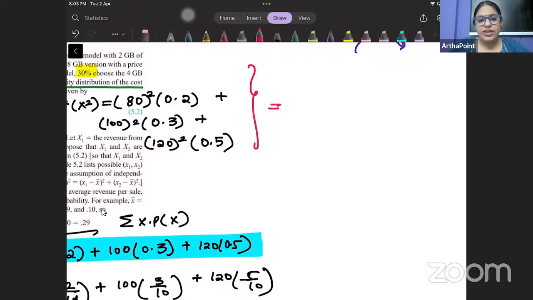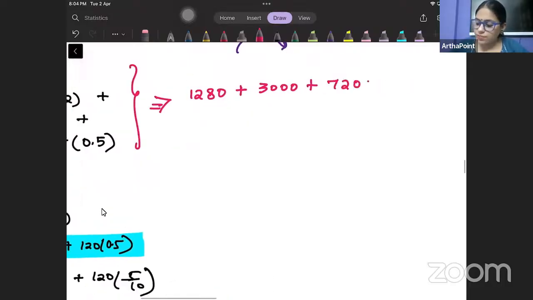So if I find out E of x square, what will I get? So beta, 80 into 80 into 0.2 gives me 1280, plus 100 into 100 into 0.3 gives me 3000, plus 120 into 120, that means 14400 into 0.5, gives me 7200. Right beta?